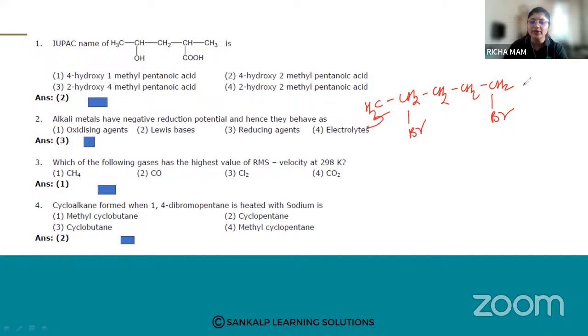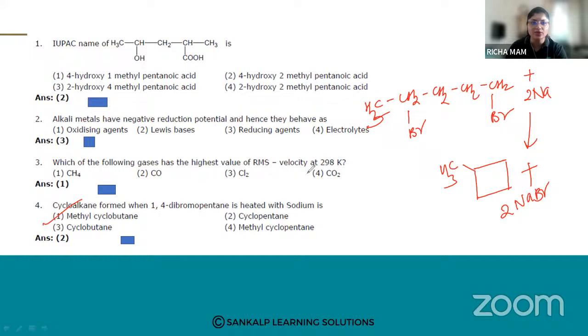So what will you get here in the presence of sodium? You will get a ring plus 2NaBr, a methylcyclobutane. Yes, option number one is the correct answer.